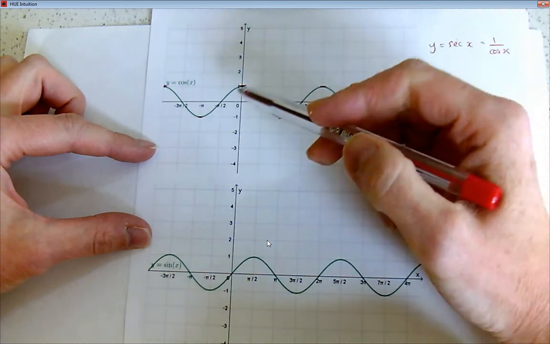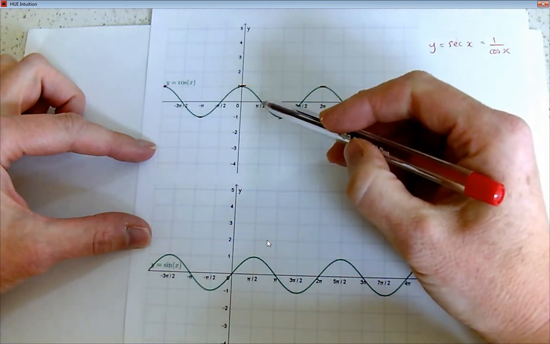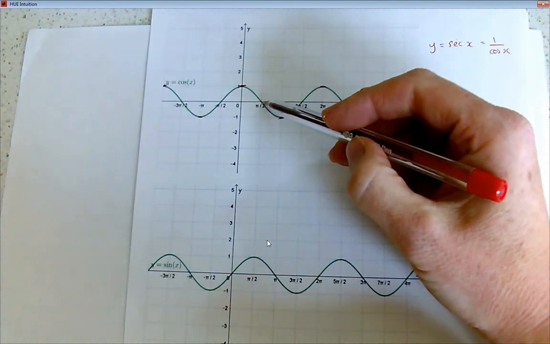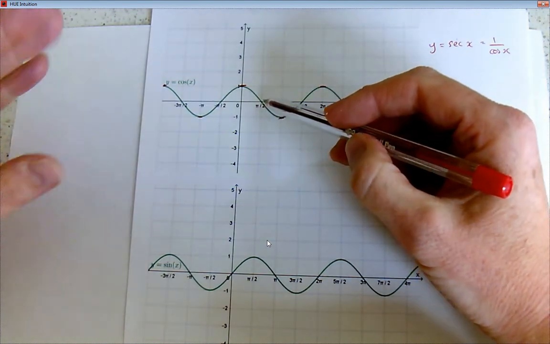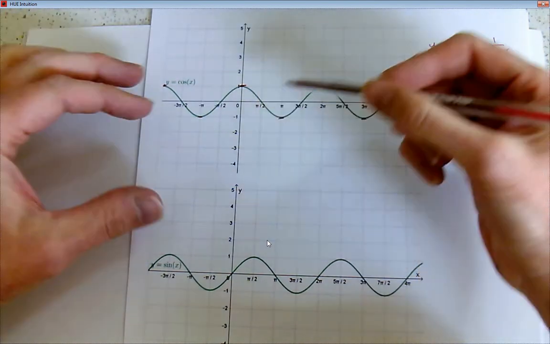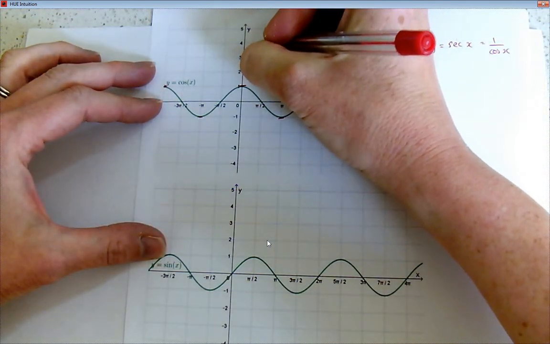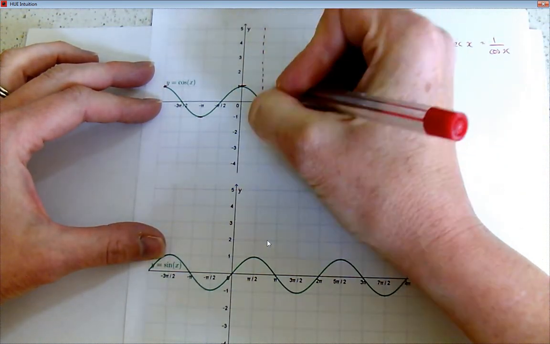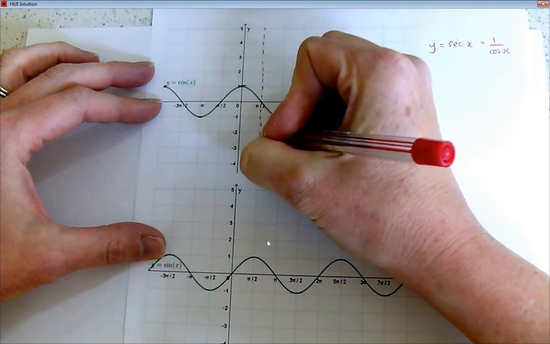Right, the other exciting moments happen at the roots where cos is 0. If you are taking the reciprocal of 0, 1 divided by 0 heads towards infinity. So you're going to get an asymptote at that point. I hope you're better at drawing straight lines than I am.